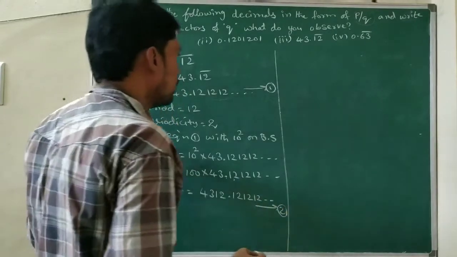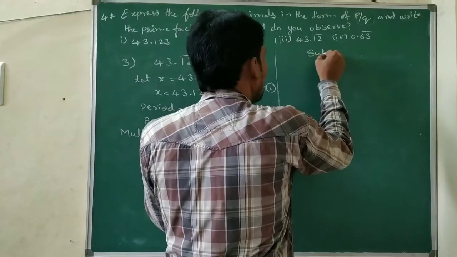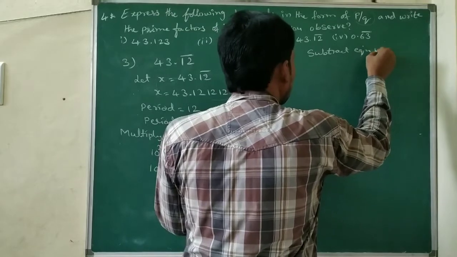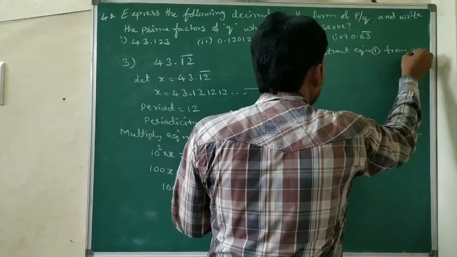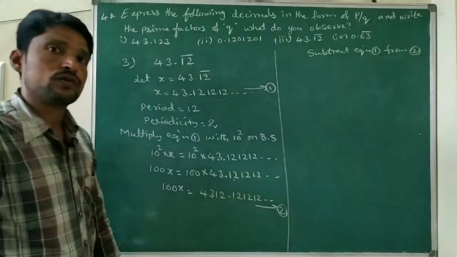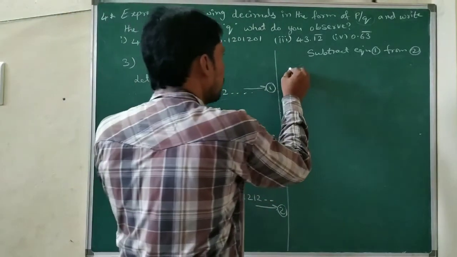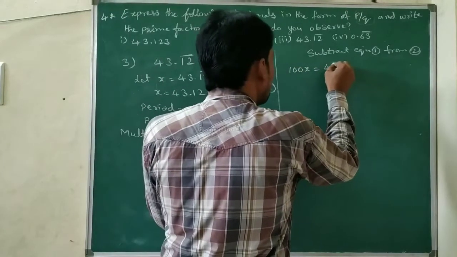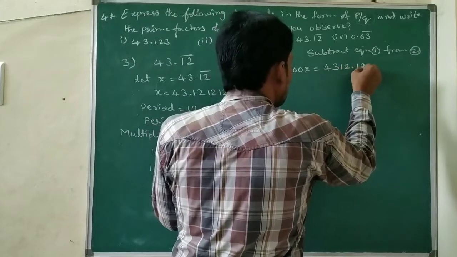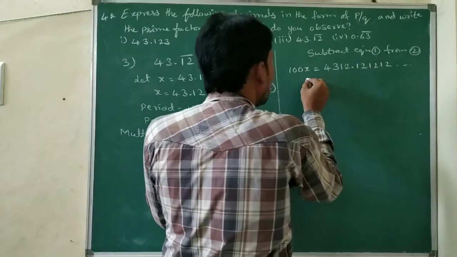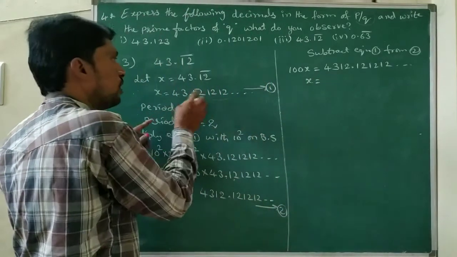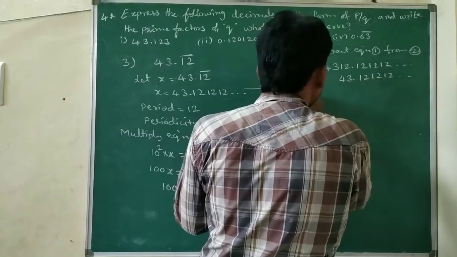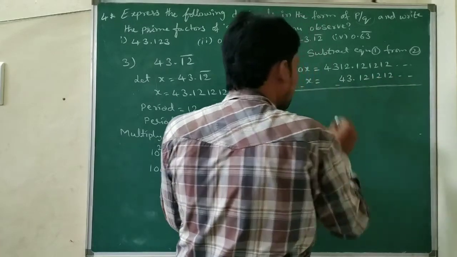Now subtract equation 1 from 2. From the second equation we need to subtract the first equation. The second equation is 100x equal 4312.12 and so on. The first equation is x equal 43.12 and so on. Minus, subtracting means we take the minus.